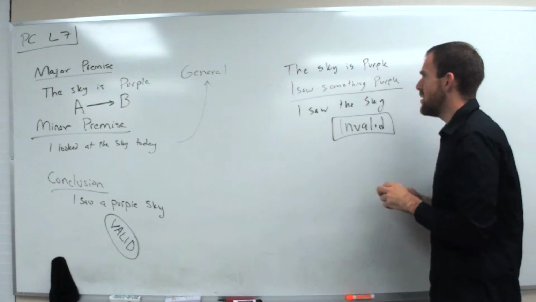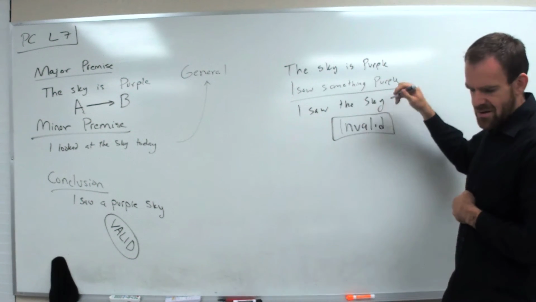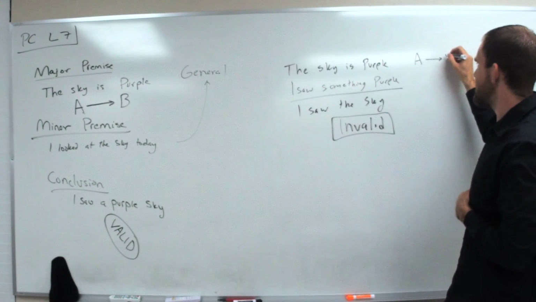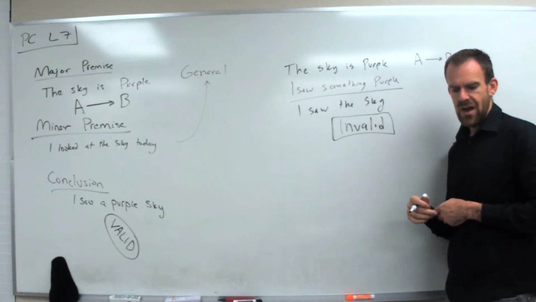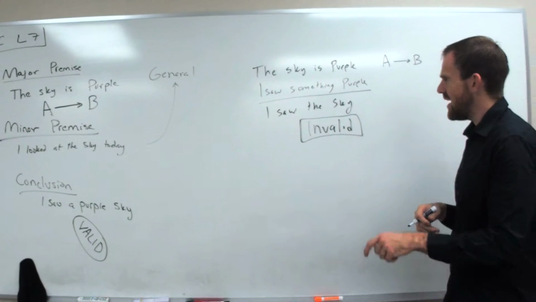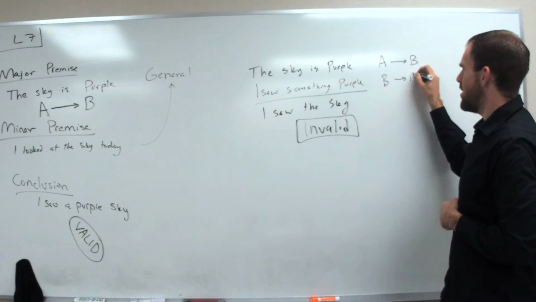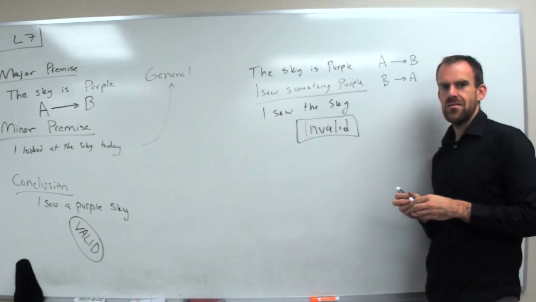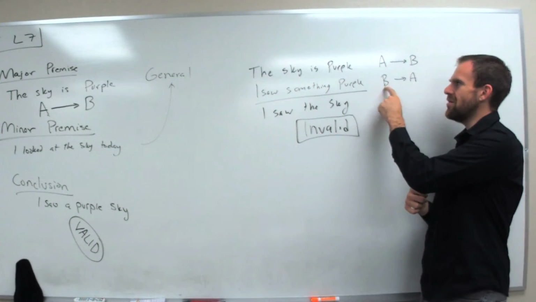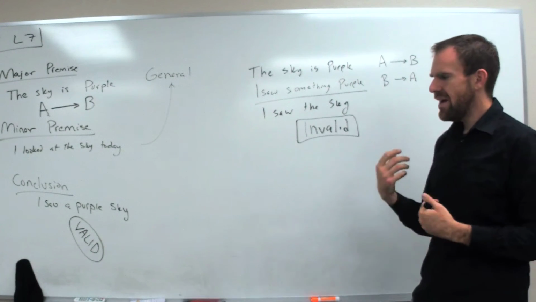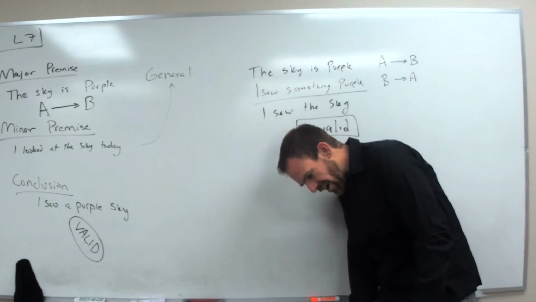Here what I did, same idea. If I see the sky, we'll call that A, that implies that B must happen. But in this case, I said, oh, I see B. Therefore, A must happen. Right? I saw purple, therefore it must be the sky, which is invalid. Okay? It doesn't work.